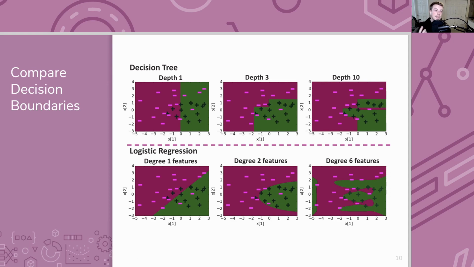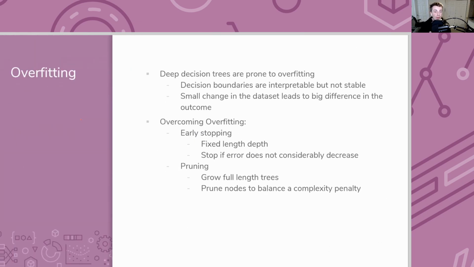So this leads us to our next point, which is, if I'm going to keep growing this tree, it's going to potentially start overfitting. How can I stop that? Overfitting happens in decision trees quite easily when your stopping criteria is when you achieve 0 classification error. Because if you just keep splitting and splitting, you're going to be making split decisions on fewer and fewer points as you get deeper and deeper into the tree.